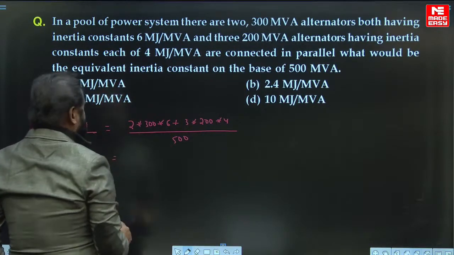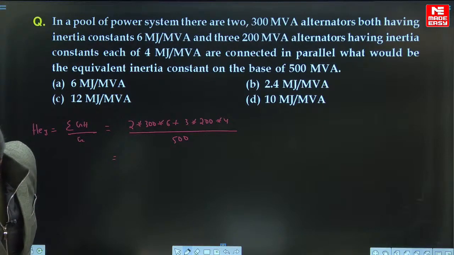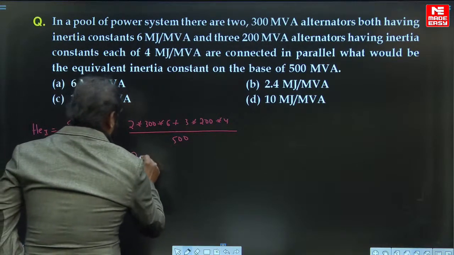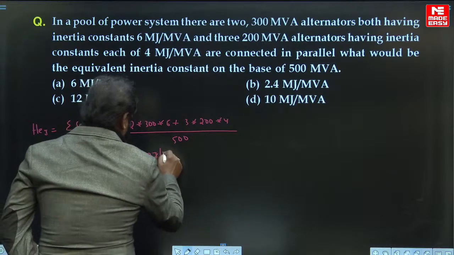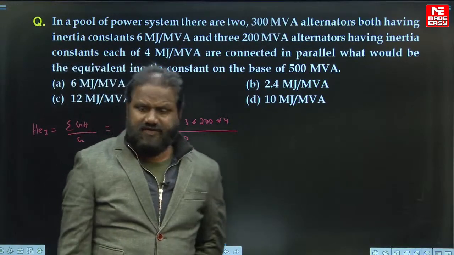So this is equal to 12, I think. This is 12 megajoules per MVA. This is the term that you can have.